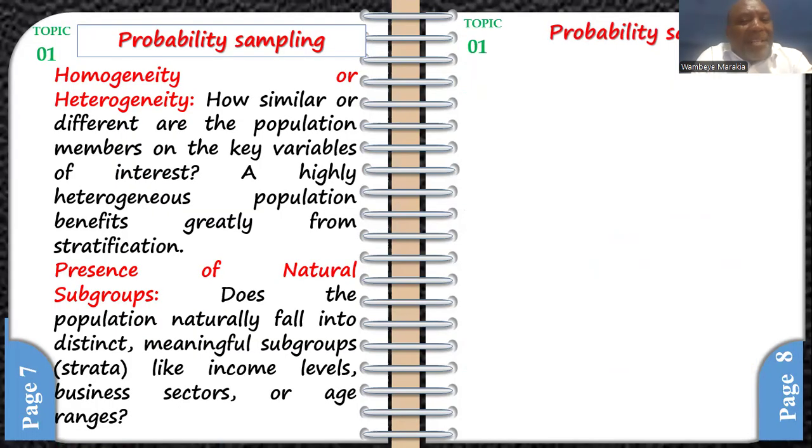Also, look at the presence of natural subgroups. Does the population naturally fall into distinct, meaningful subgroups, which we call strata, like income levels, business sectors, or age ranges? Number 3 factor we consider when you are doing probability sampling is the cost and resources.